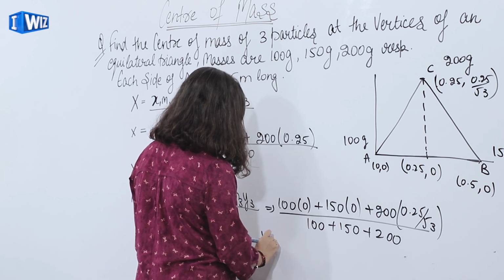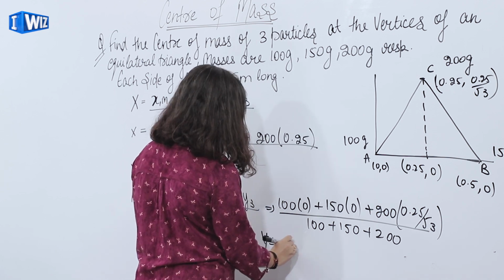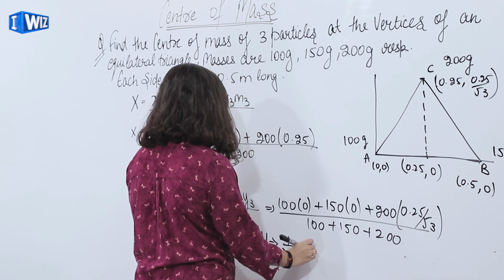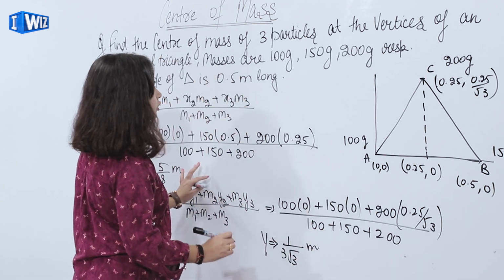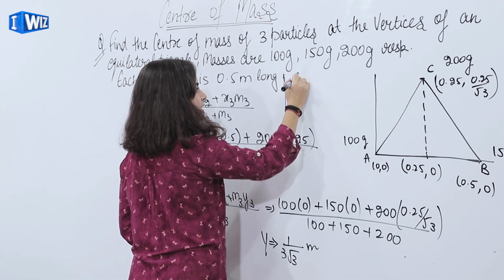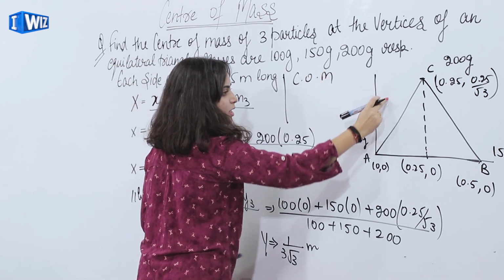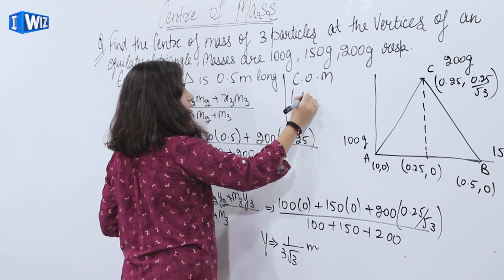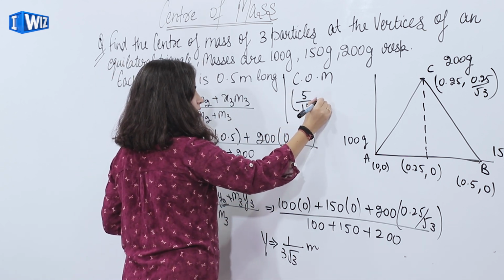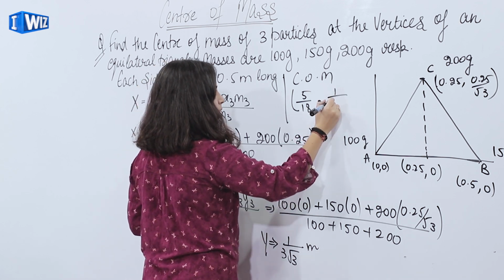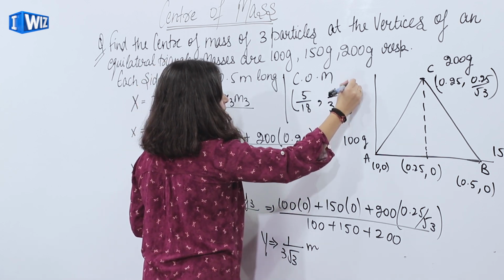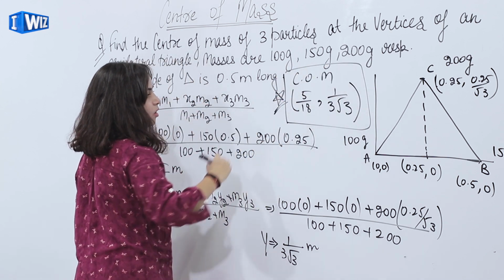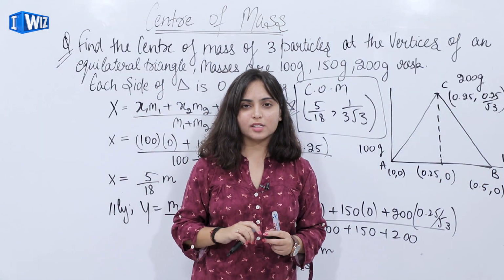So I'll get y equals 1 upon 3 root 3 meter. So the center of mass of this system has coordinates x equals 5 upon 18 comma 1 upon 3 root 3. So this is my answer or solution for the 3-particle system.